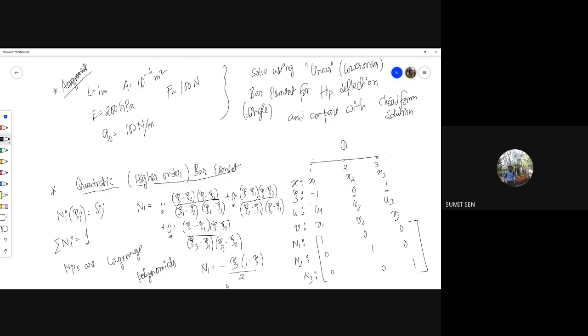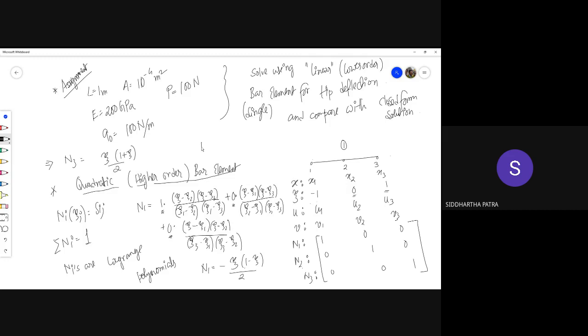Yes. Okay. If you did, then can you use this simple method to get n3, which would of course be 0 at xi equals 0, and also 0 when xi equals minus 1? So 1 plus xi. Okay. Then divided by 2, because otherwise at xi equals 1, it becomes 2.